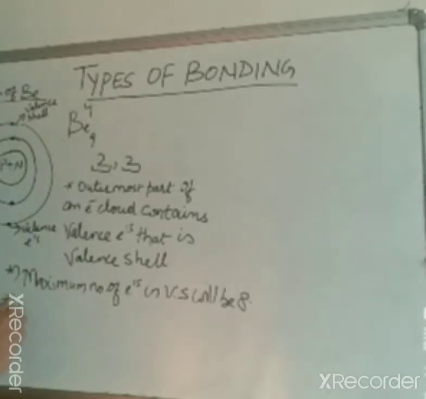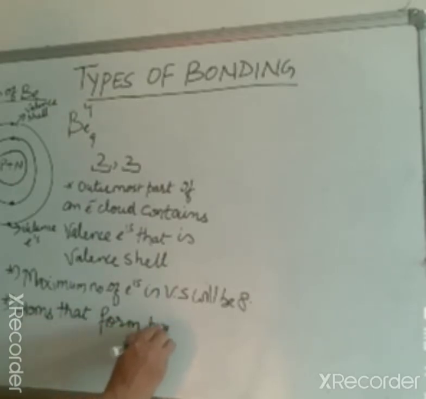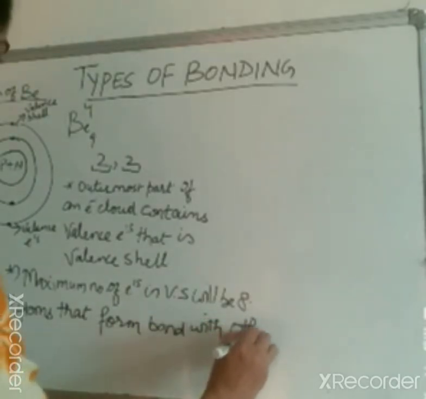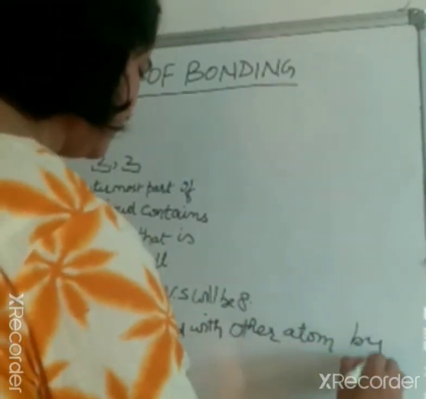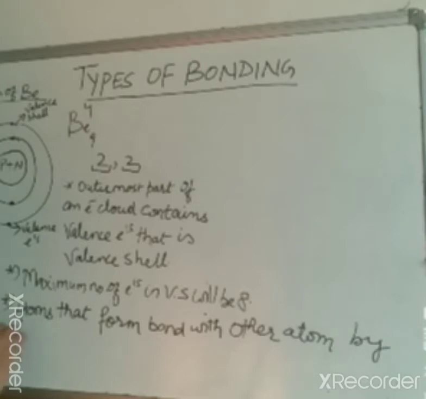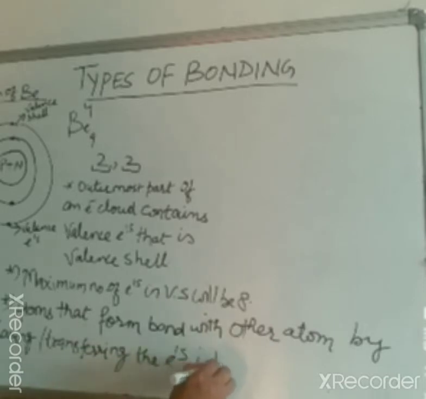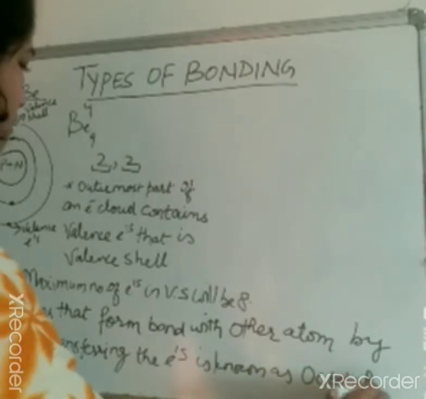So, atoms that form a bond with another atom by sharing or transferring electrons is known as the octet rule.